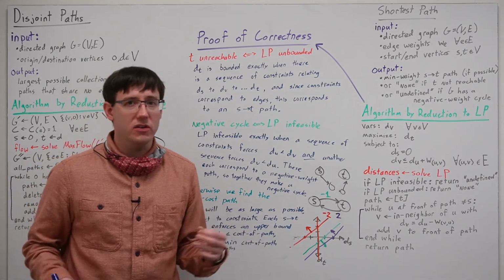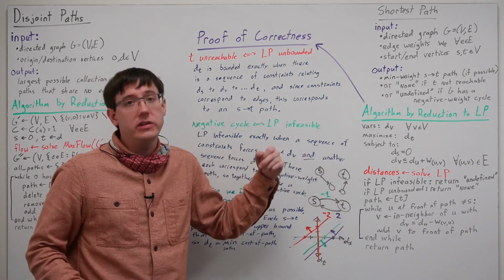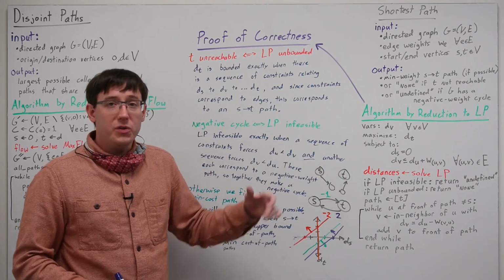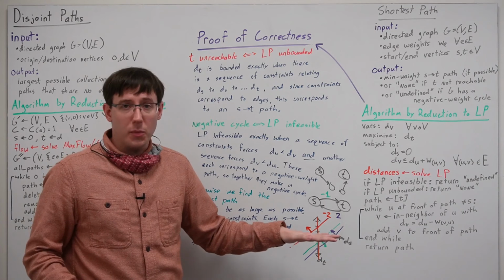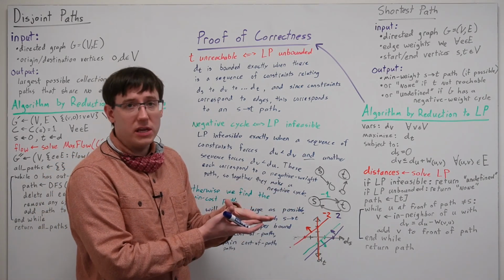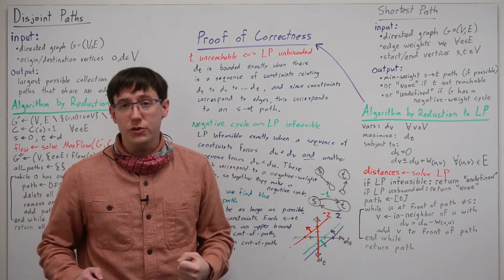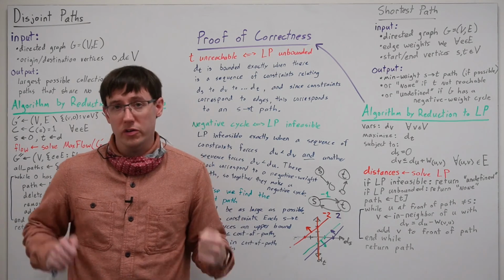Each path from s to t in the graph will constrain how large the distance to t can be, and so the smallest of those upper bounds will be the result that we get when we maximize t, meaning that the value of dt will be equal to the cost of the shortest path.